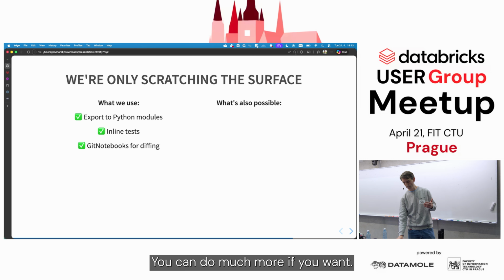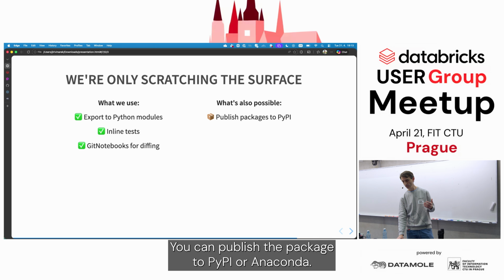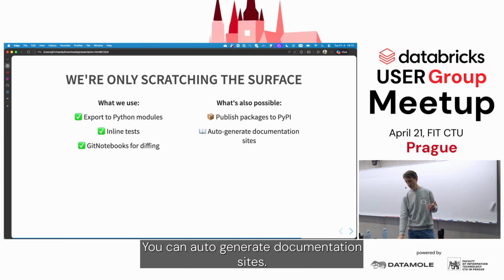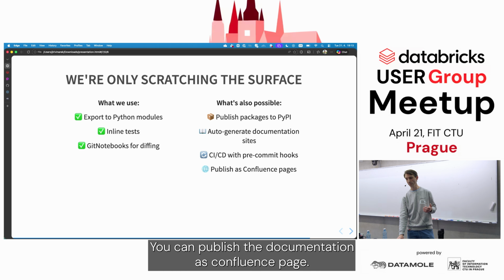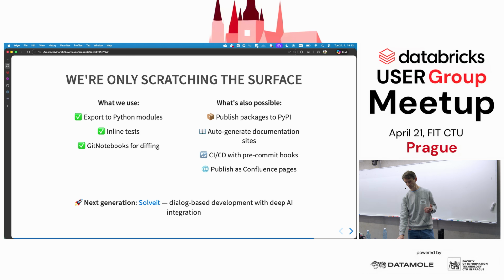You can do much more if you want. You can publish the package to PyPI or Anaconda. You can auto-generate documentation sites. You can do CI/CD with pre-commit hooks. You can publish the documentation as a Confluence page.